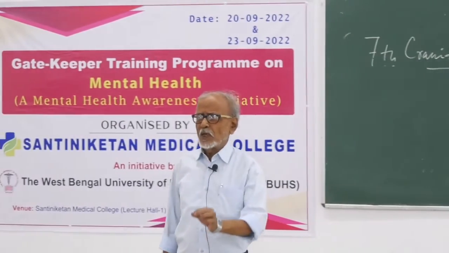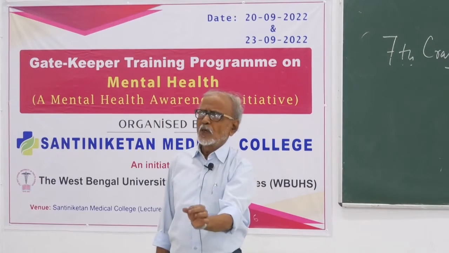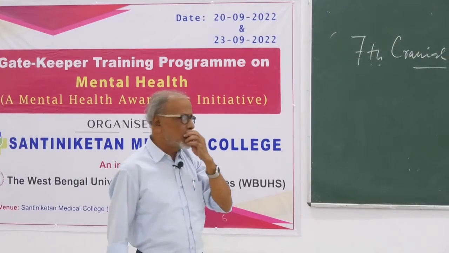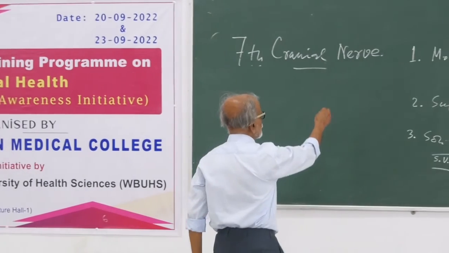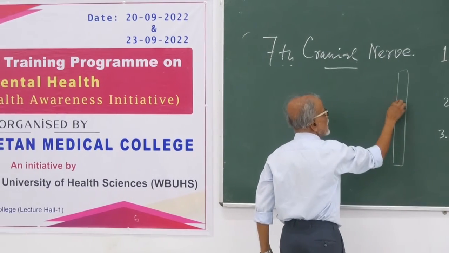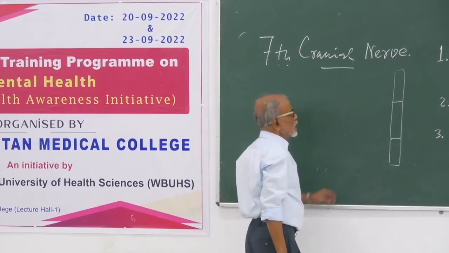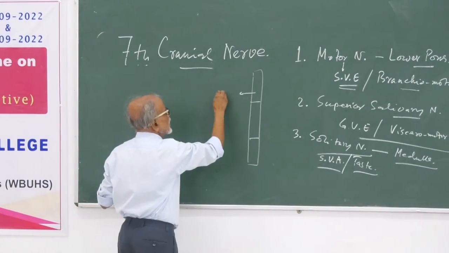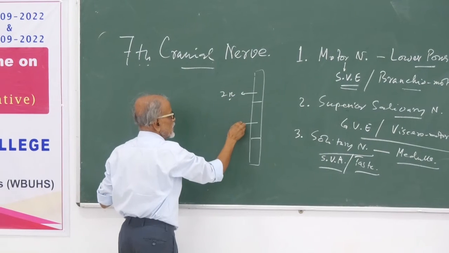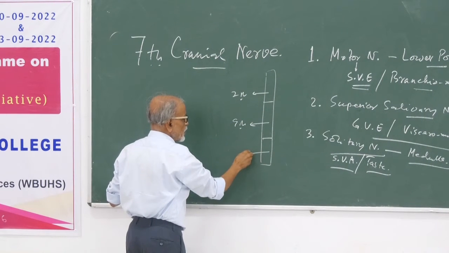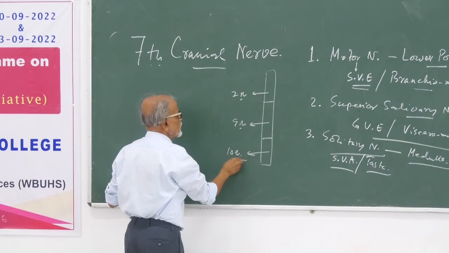It is an elongated column of neurons, the solitary nucleus. In this elongated column, suppose the column is like this. The upper part is assigned for the seventh, the middle part is assigned for the ninth, and the lower part is assigned for the 10th.